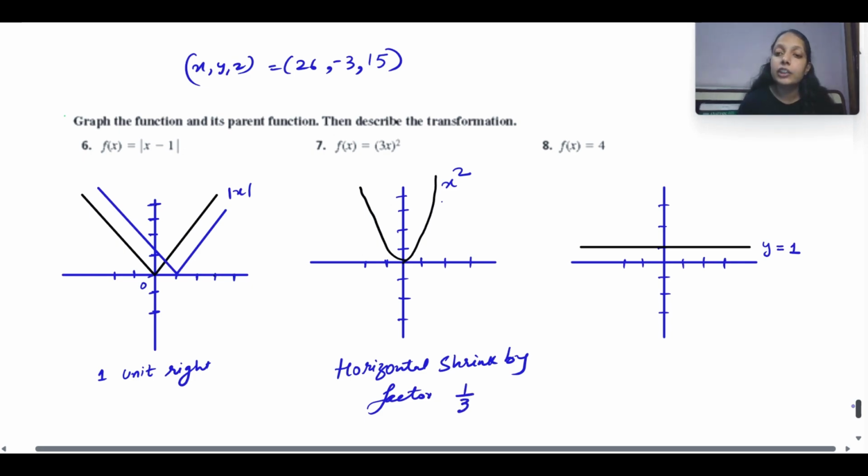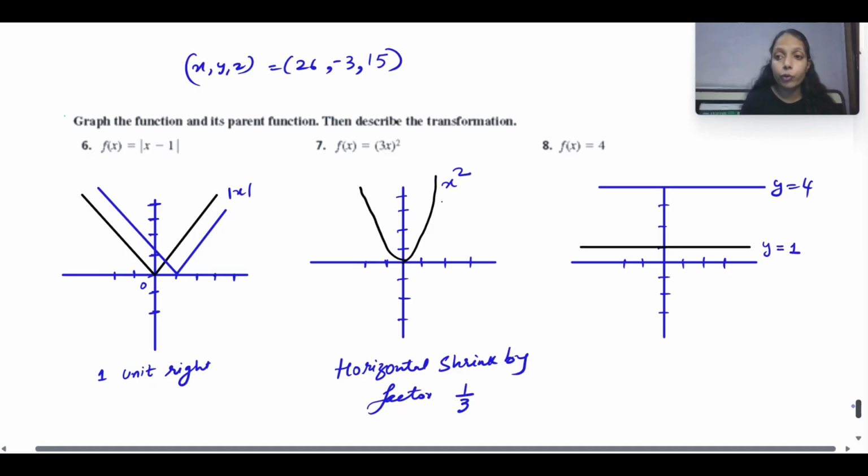Next, f of x equals 4. So it was 1. 1 is multiplied by 4 to get 4. The graph will be somewhere here, y equals 4. So multiply by 4. And the multiplication is outside the function. Whenever multiplication is outside the function, or you can say the complete function is multiplied by a number, it is a vertical stretch or shrink.